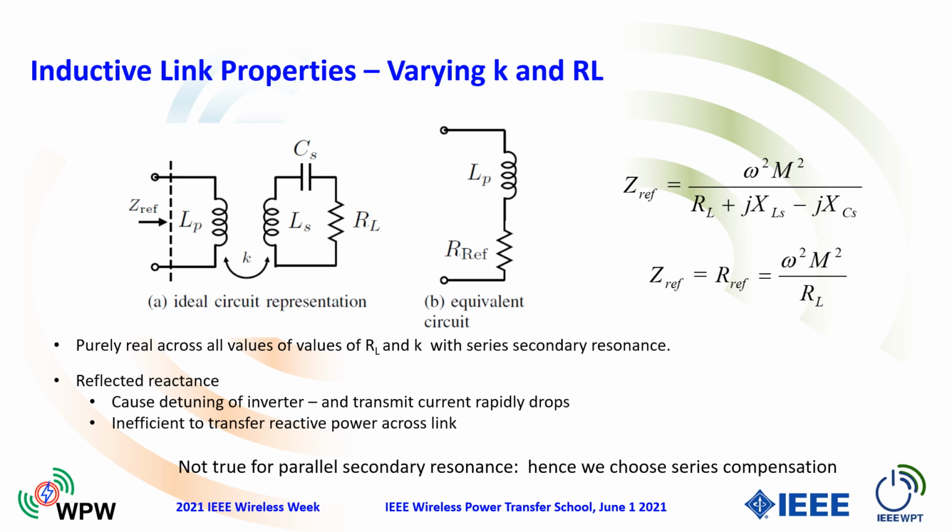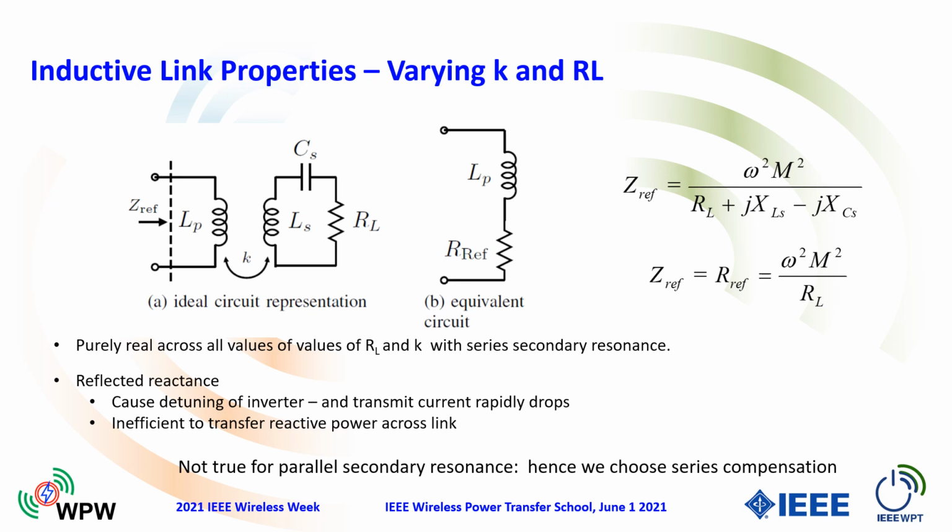If we use series tuning, as you can see here on this diagram with the ideal circuit representation, with coupled inductors and a series tuned secondary, and then the equivalent circuit representation with a reflected resistance back to the primary. If you work through the maths of this with series resonance, then you can tune the system so that even if RL changes, the system is purely reflecting a real impedance back to the primary.